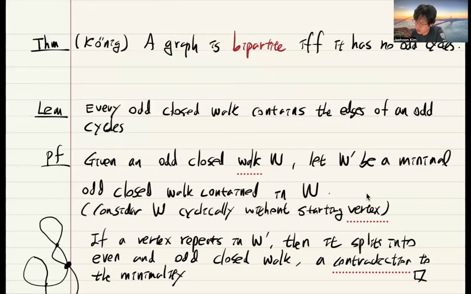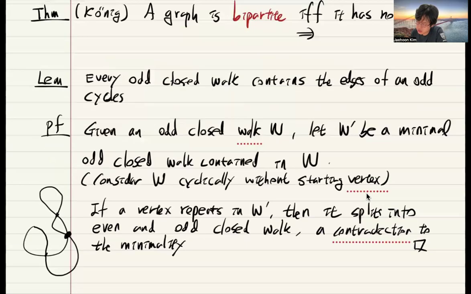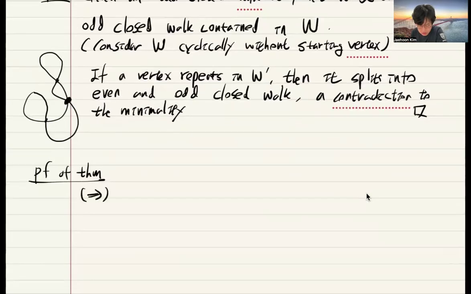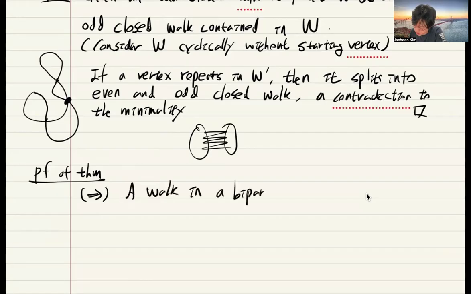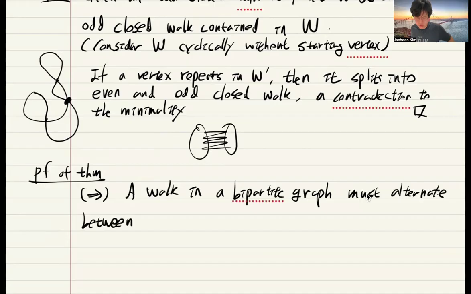So one direction is clear. If you have a bipartite graph, and all the edges are between the parts, then you start from one part, and you move, then you are in the other part, and then you move, you are in the other part again. So a walk in a bipartite graph must alternate between the parts.